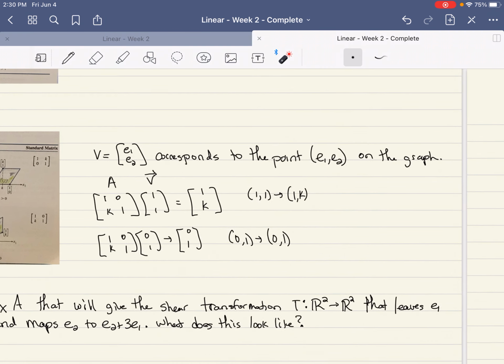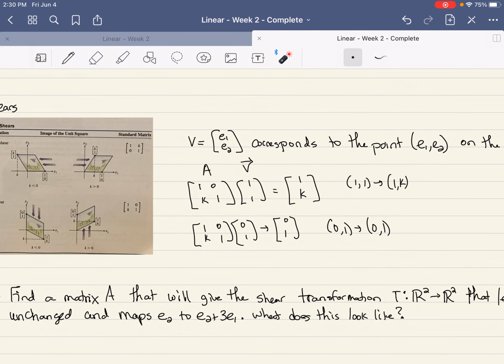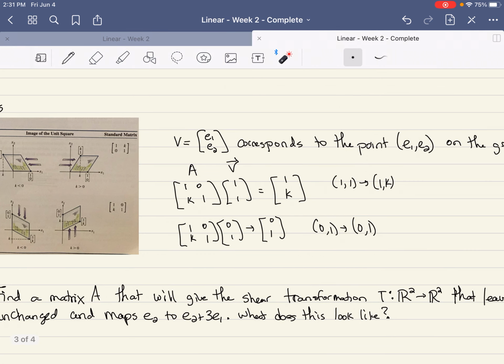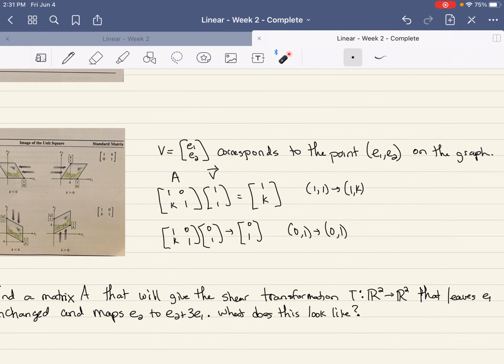If you wanted to see what happens, E1, E2 is the way that they refer to these in the book. It's just the point on the graph that you're working with.